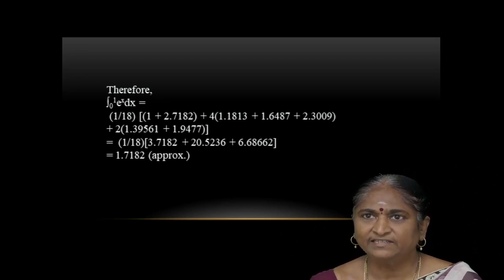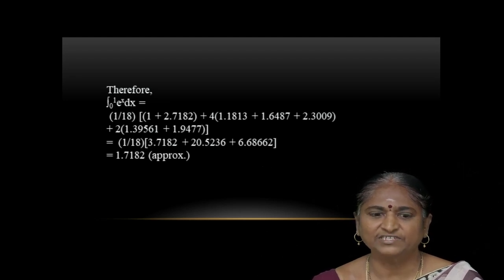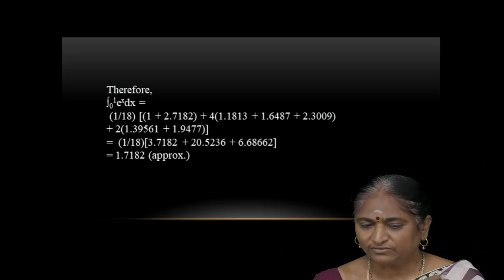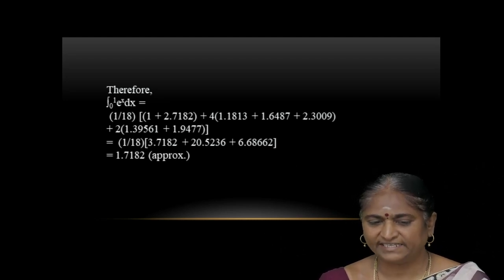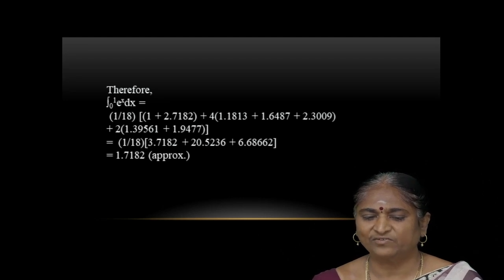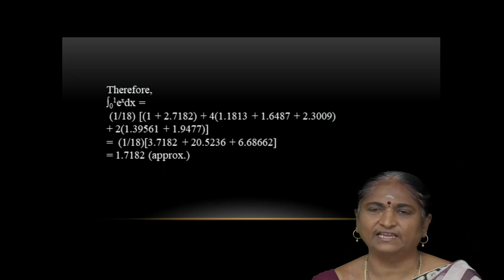Here we determine the value of the definite integral. The integral function is e power x, so the integral from 0 to 1 of e power x dx gives the approximate value of the area under the curve, 1.7182. This represents the area of the curve in any shape.